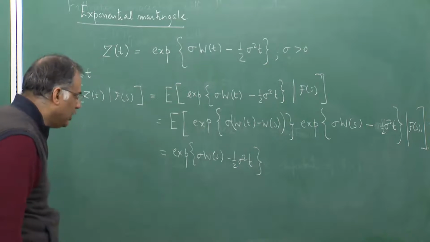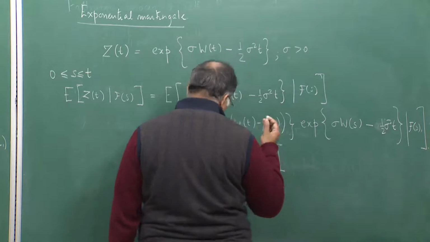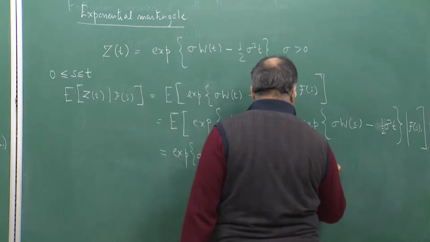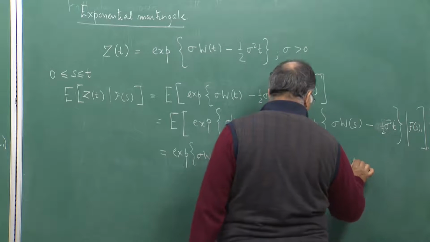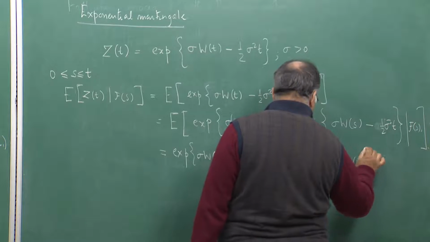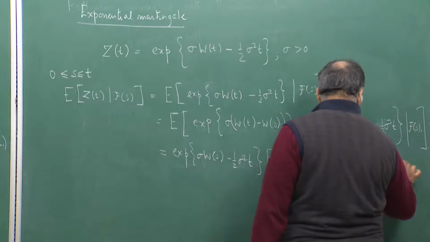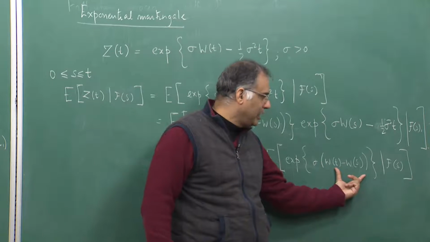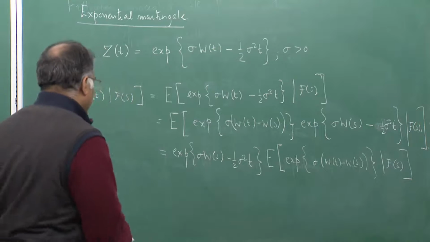That is an important thing one needs to learn as one goes on doing more mathematics. Sometimes we can do some hand waving, but not always. Now, once I have this, remember that this thing is independent of Fs, which means I just need to calculate this.